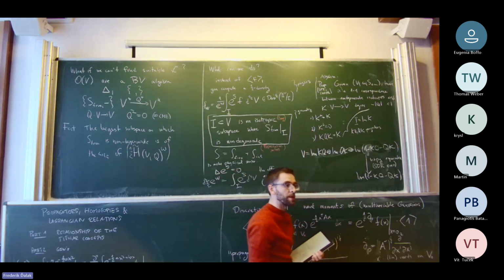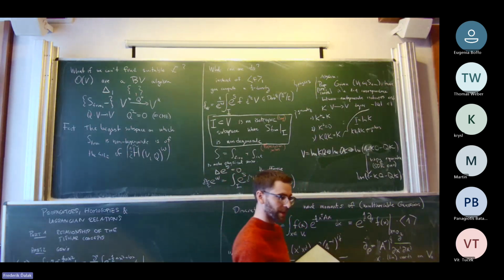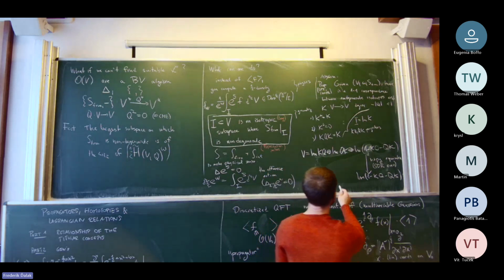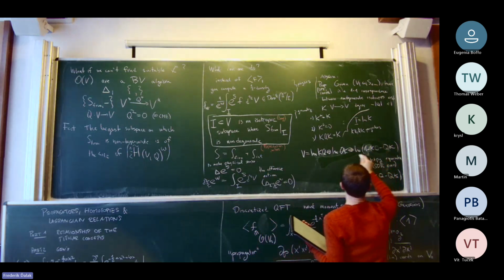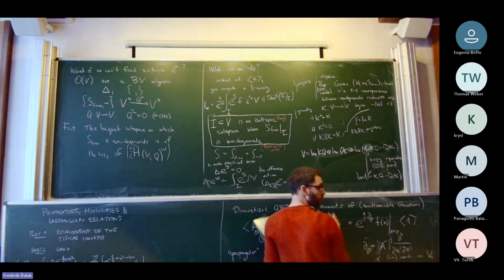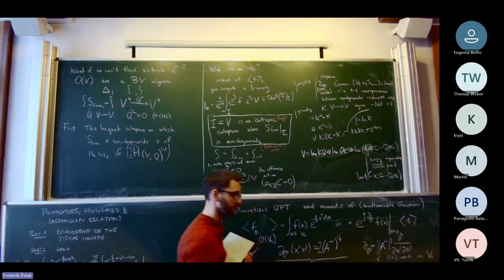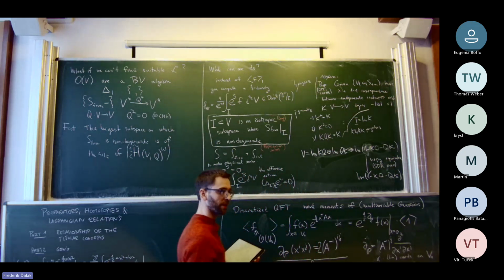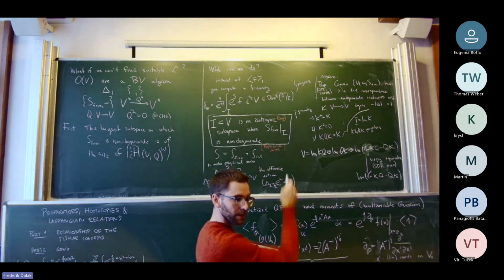K is self-adjoint, which makes it compatible with everything. In this decomposition, this is a symplectic subspace, this is a symplectic subspace, and these two are complementary Lagrangians. And this all follows from K.